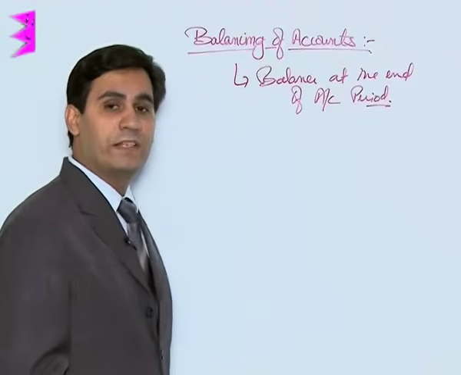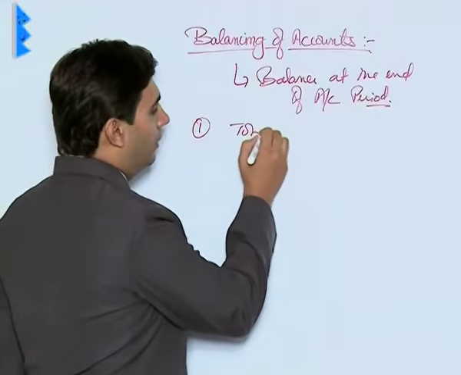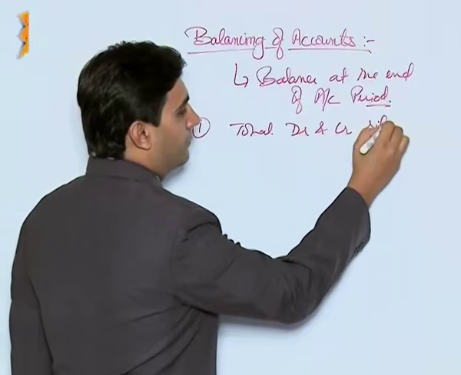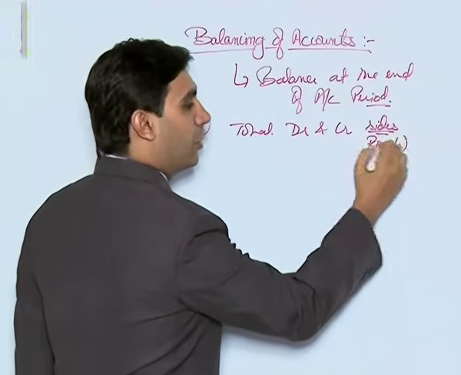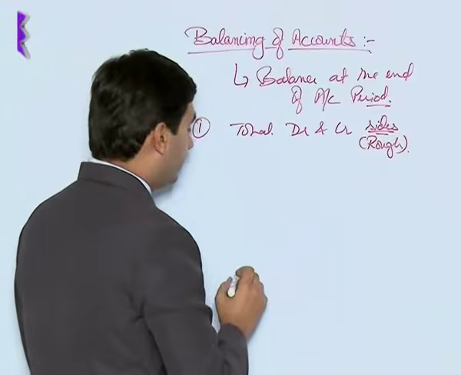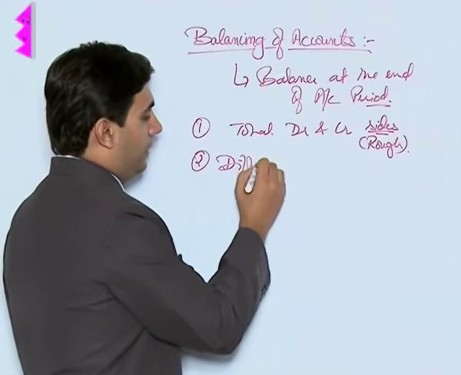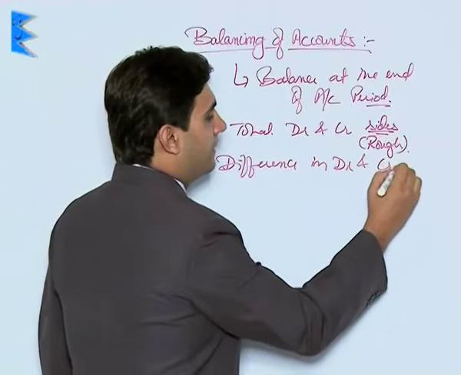Now students, how do we find the balance? The first step is to total the debit and credit sides, and they are in rough. They are not written in the accounts. Find the total of the debit and the credit side. Then find the difference in debit and credit sides.